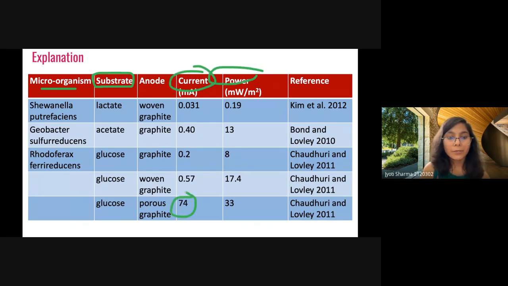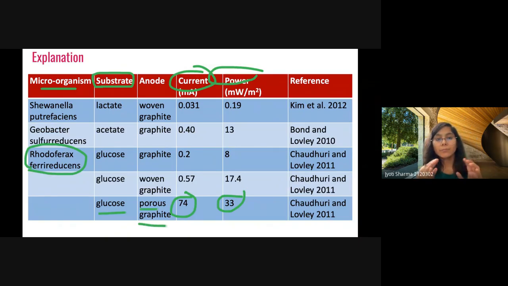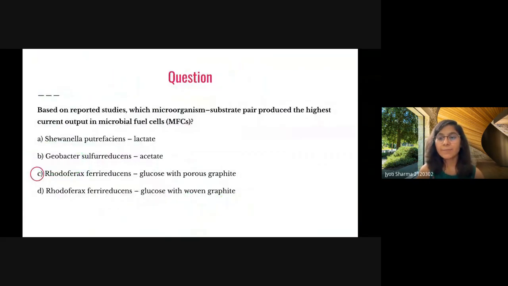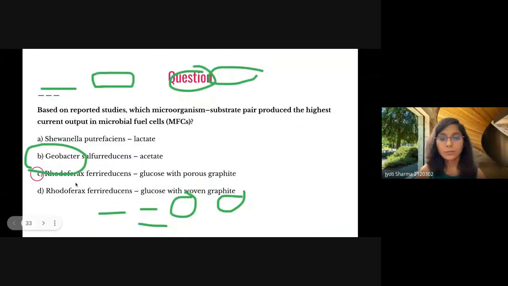So the microorganism we are using is Rhodoferax, the substrate is glucose, and the anode is porous graphite. So from this combination, we will have highest current and power. So this one, C, is the right answer, right?